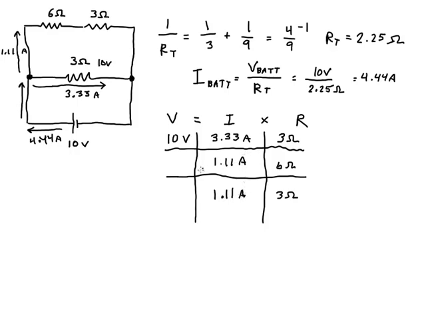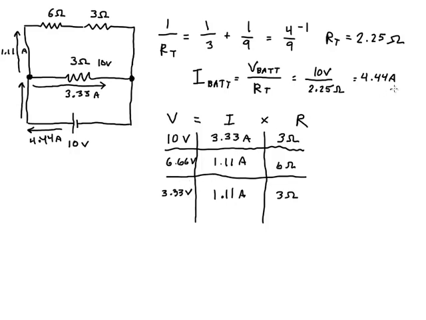Now, having this information, I can solve for the voltages. 6 times 1.11 is 6.66 volts, and 3 times 1.11 is 3.33 volts. So now my charge leaves the battery with 10 volts, uses 6.66 here, 3.33 there, and if you add those together, you come right out to, with a little bit of rounding, 10 volts, and it checks out.